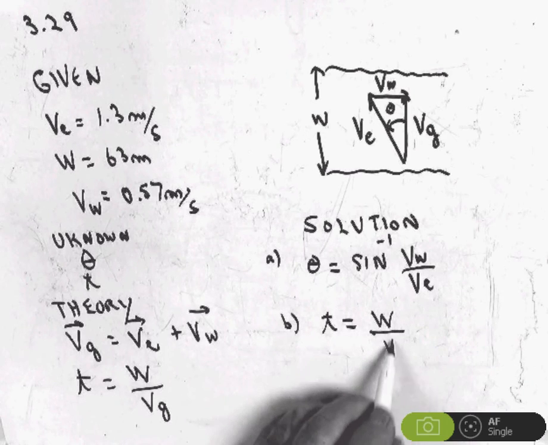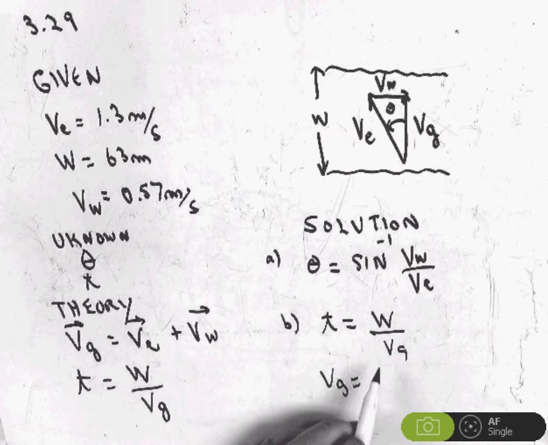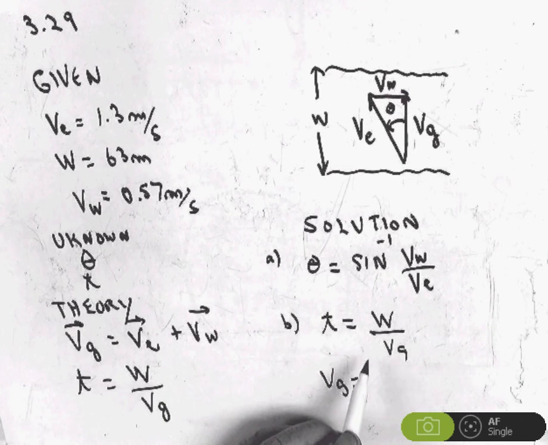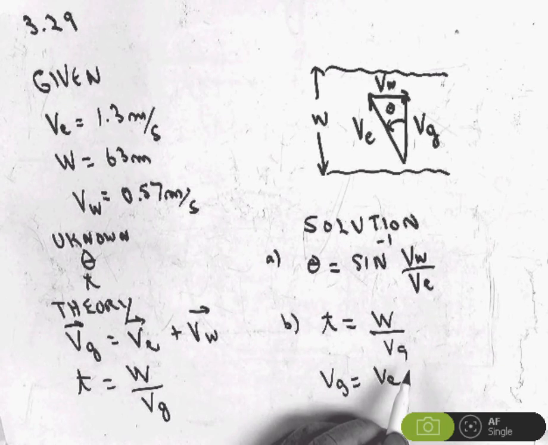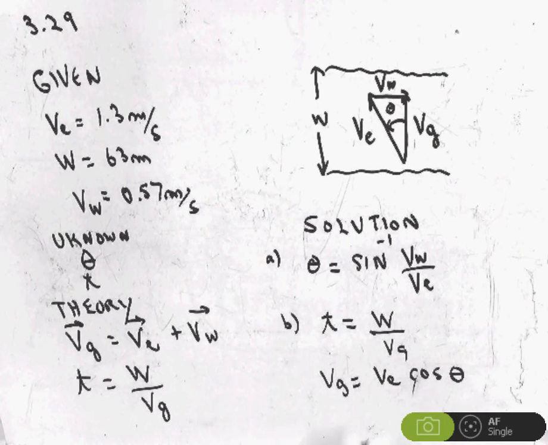So V sub g is going to be equal to V sub E times the cosine of theta. So if you'll find that and plug it in there, then you'll get the time.